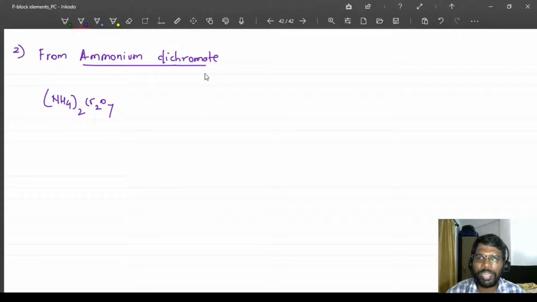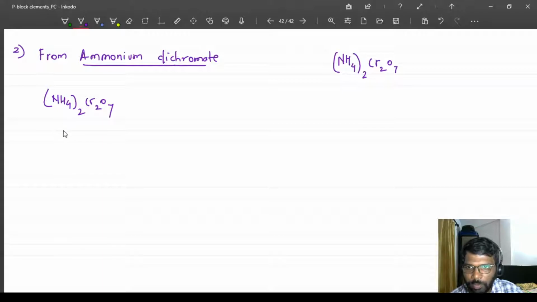Before going into the reaction of ammonium dichromate, what is it? Why is it called dichromate? Let us understand. I am writing this here, (NH4)2Cr2O7. This is an orange color compound.